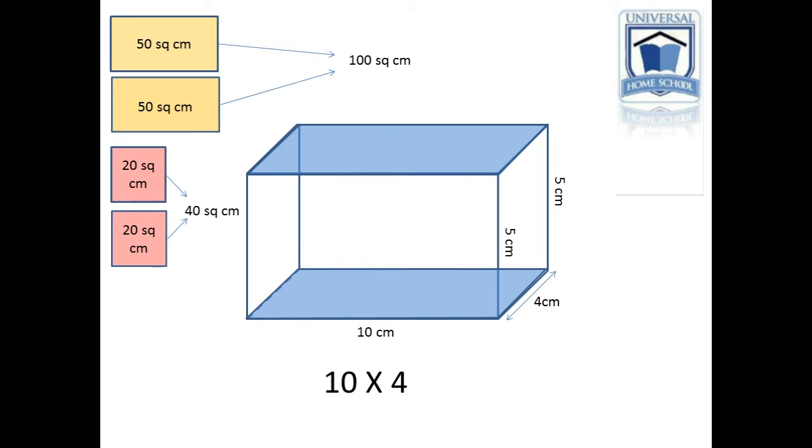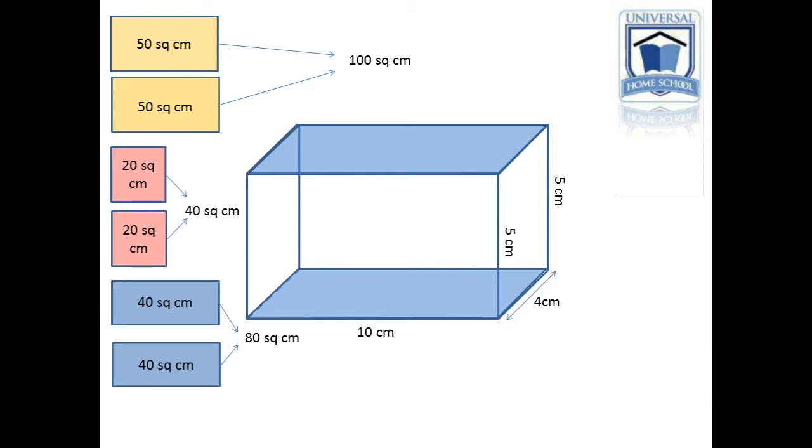It's the base of this rectangular prism. And of course we're going to find the area of the top rectangle. So 10 times 4 equals 40 square centimeters. And of course we times it by 2, which gets us 80 square centimeters.